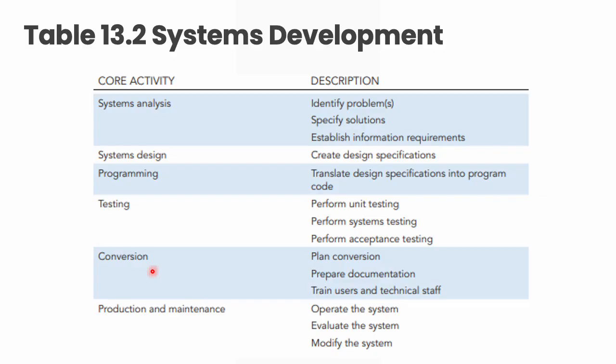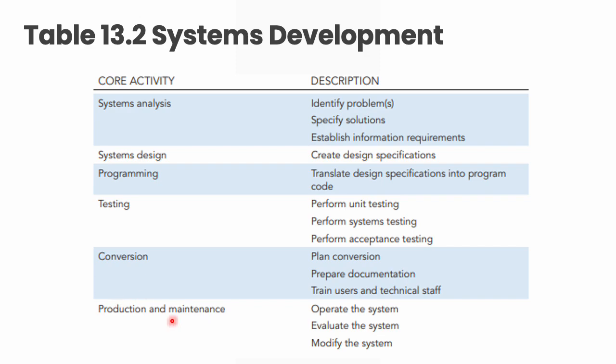The next one is the conversion. This is the go live step. We switch from the old system to the new one, and this includes training everyone how to use it and preparing all the instruction manuals. The last one, production and maintenance.